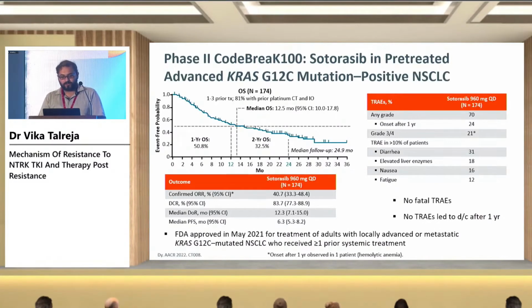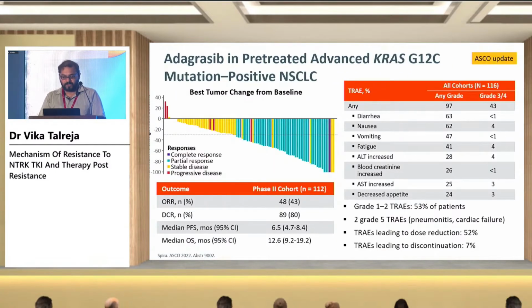And also sotorasib, which was approved in May 2021 for the treatment of adults with KRAS G12C mutated non-small cell lung cancers who received more than one line of therapy, with a 2-year overall survival of 32.5%, median overall survival of 12.5 months, and around 1 to 3 prior lines of treatment taken, with 81% being platinum failures.